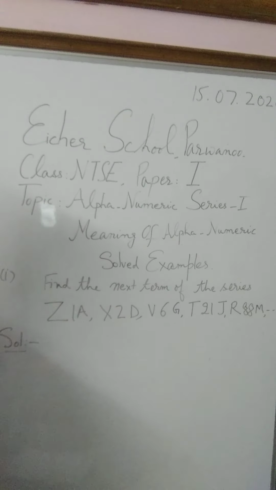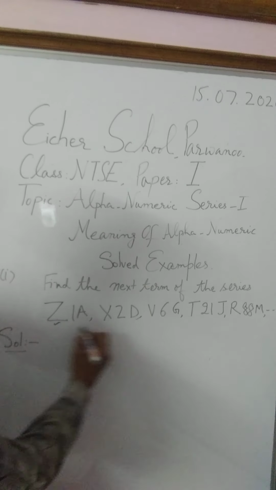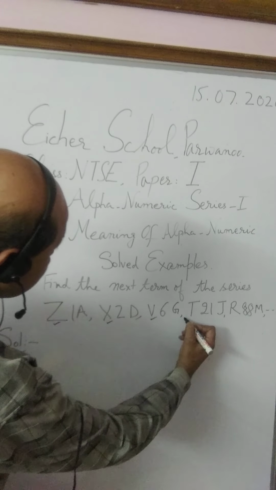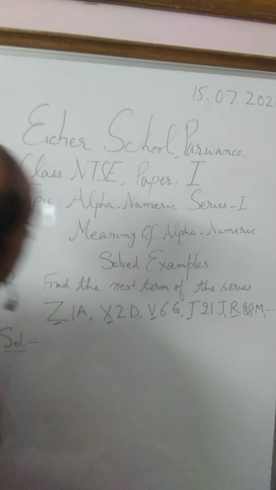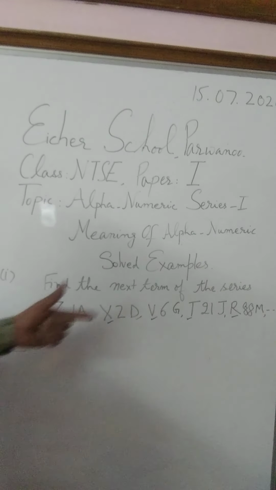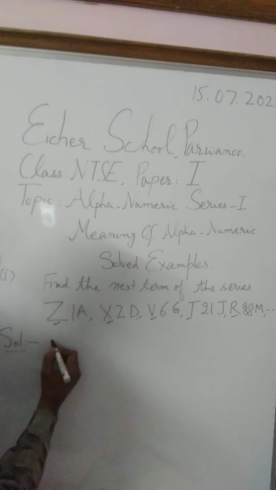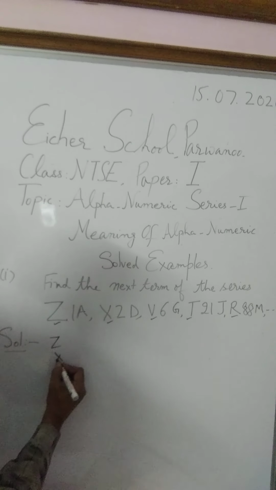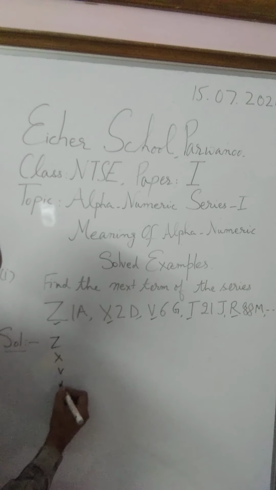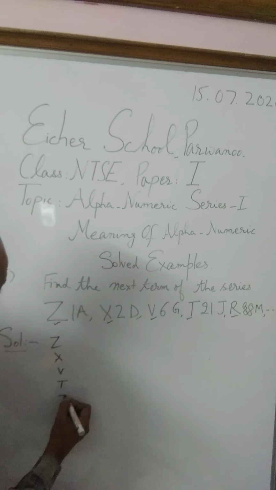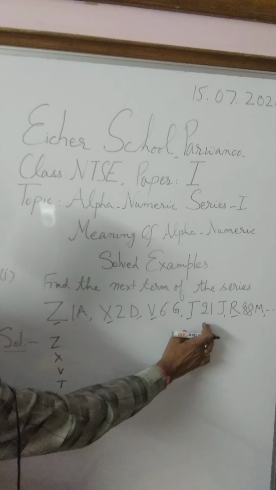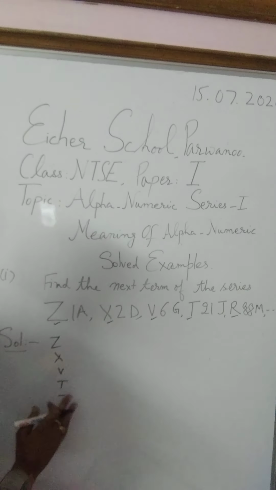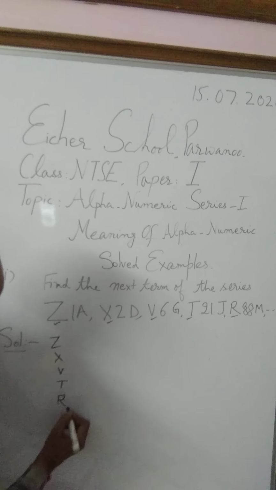Now what I will do is make different blocks of the series. By taking the first term of each block, I would like to write in this way: Z, X, V, then T, and thereafter R. J is the single block, so I will not write it here.